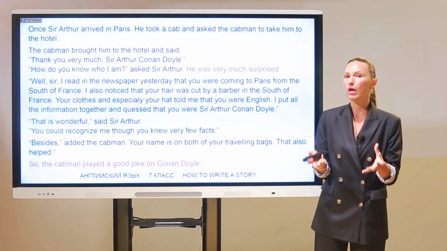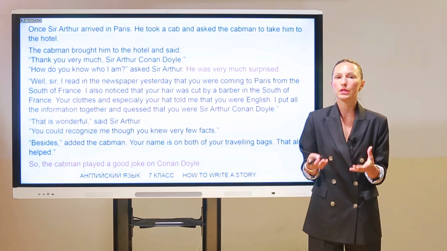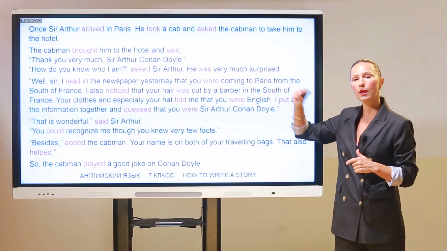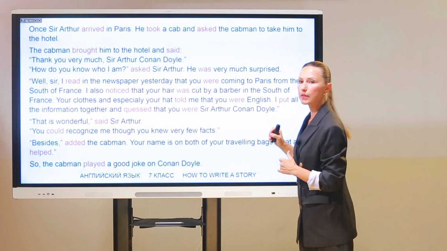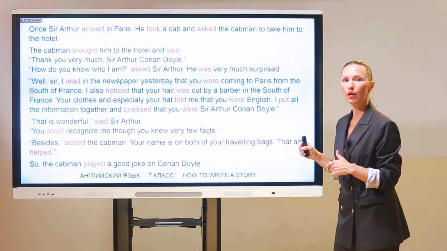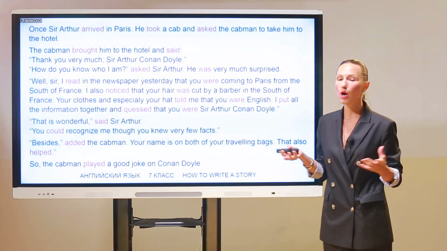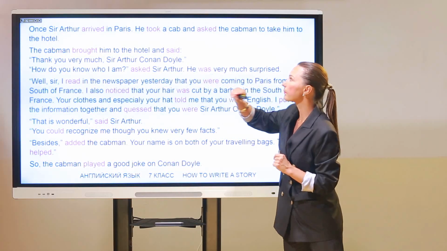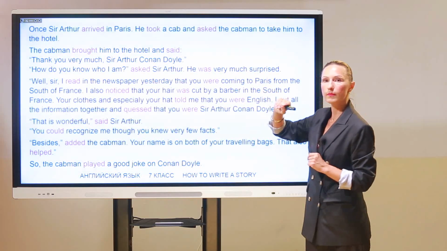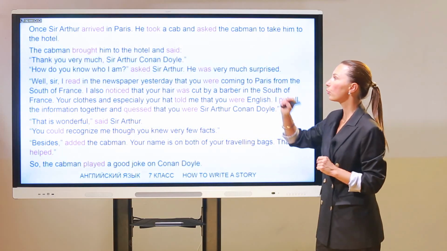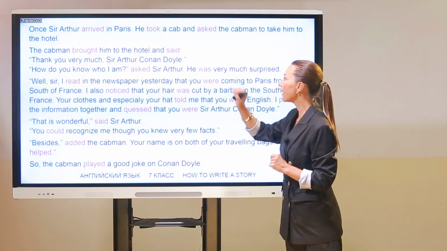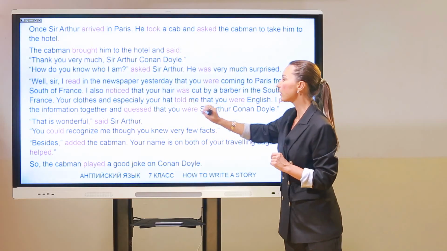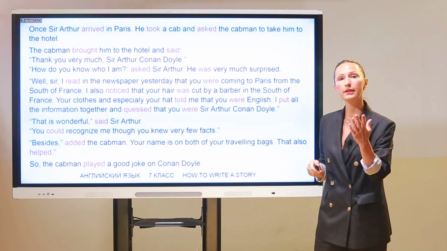But when you write your story, when you tell your story, you have to think about verbs. Look, all the verbs in this story are in one tense. What is this tense? Be careful. Arrived, took, asked, brought, sat, was, were, told, said, added.